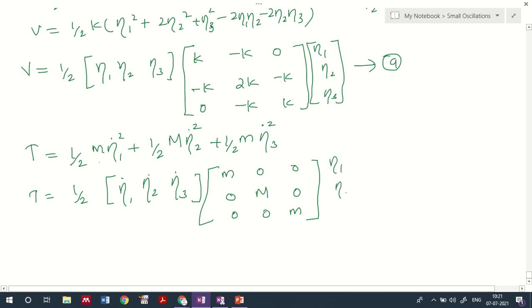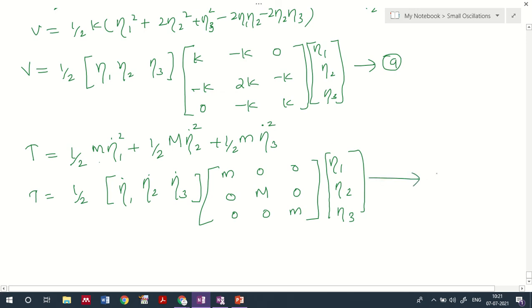Then we'll have eta 1, eta 2, then eta 3 as the next column matrix. If you do this multiplication of these matrices, you will again find this equation in the form of half m eta 1 dot square plus half capital M eta 2 dot square plus half small m eta 3 dot square.